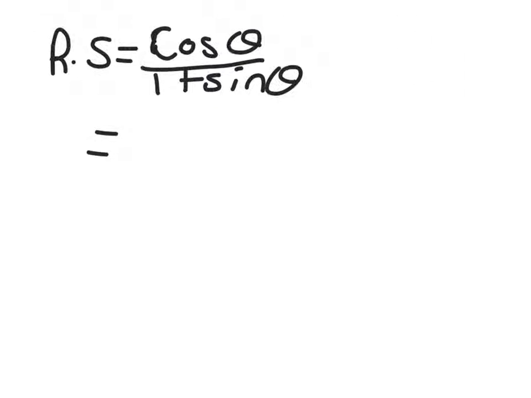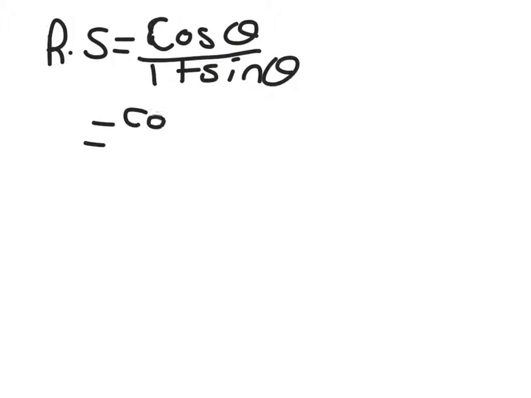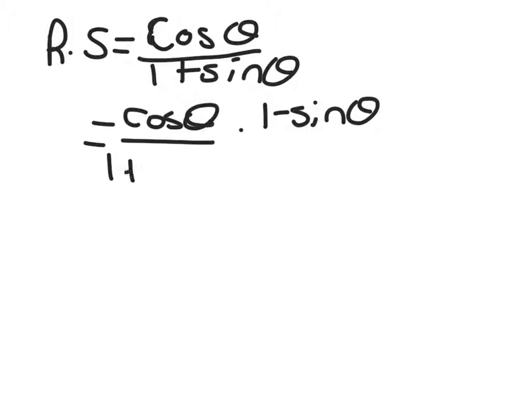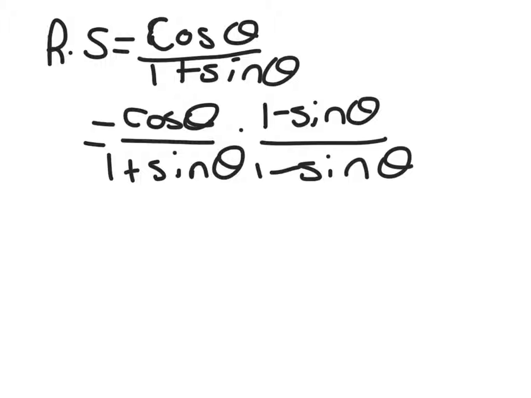So we have our cos theta times 1 minus sine theta all over 1 plus sine theta times 1 minus sine theta. And we can add in this multiplying, the 1 minus sine theta, because it's not changing any of the identities because we're doing it to both the top and the bottom.